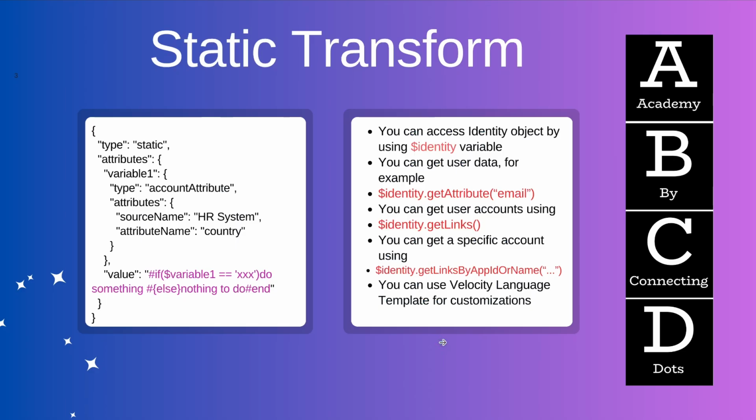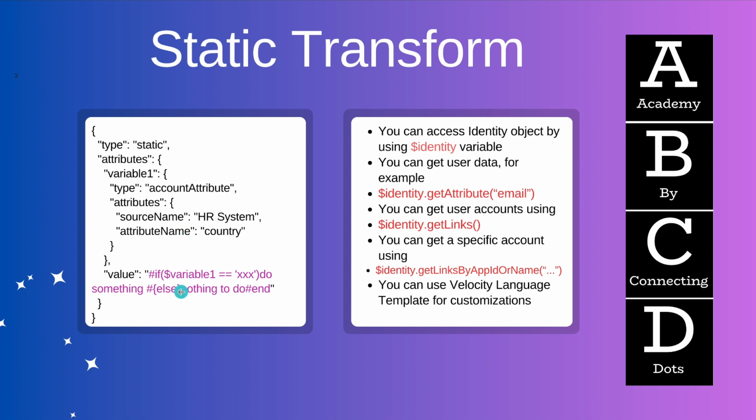Static transform, as I mentioned, it's a very big concept inside that, and it's a powerful transform, I would say. Not just converting the data. When you go with static transform, you can declare a variable inside the transform definition, and that variable also gets the data from a different source, right?